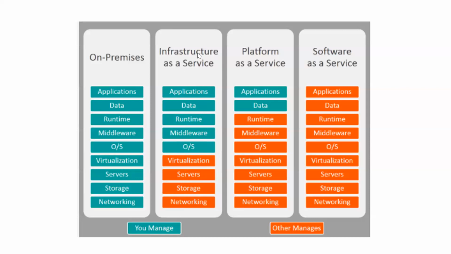So infrastructure as a service means I'll only take this server part, and the rest of the stuff is under the cloud's control. The orange part is under cloud control, and this part is under my control, not only mine, but the client who is using the cloud.